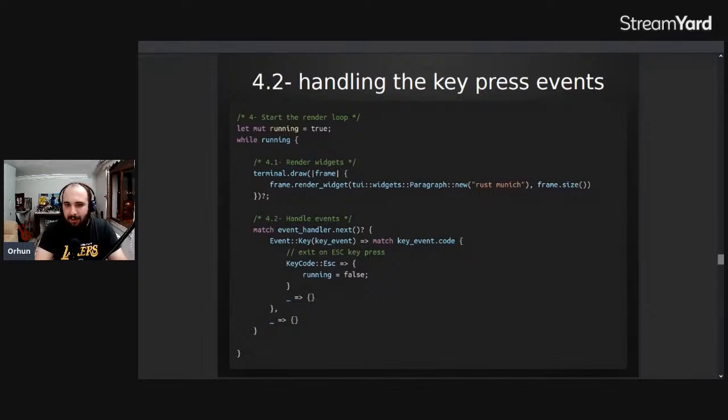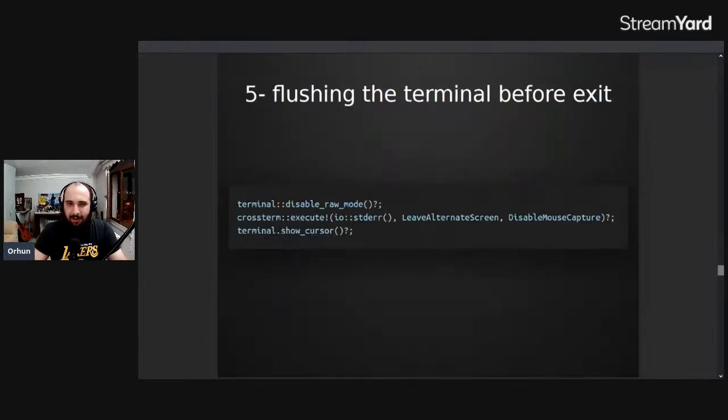I probably should use an if let for this, but this is just for the demonstration. So you can check multiple events here and act based on that. I'm just checking the escape key press and exiting the TUI program if it's pressed basically. If you don't put this here, your TUI program will run forever, and you don't want to do that.